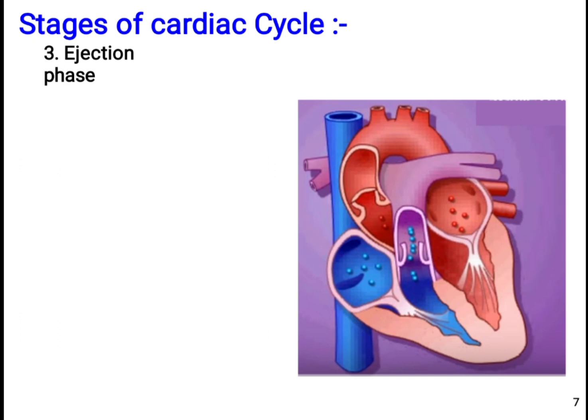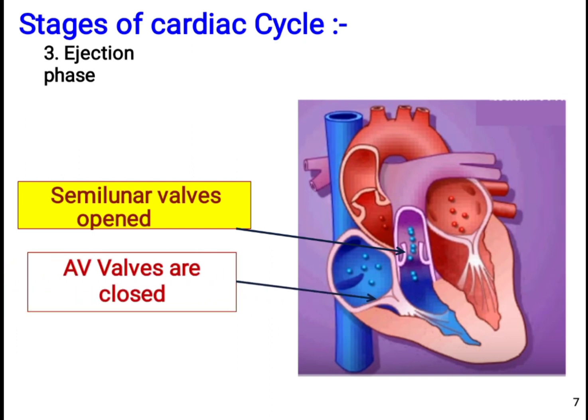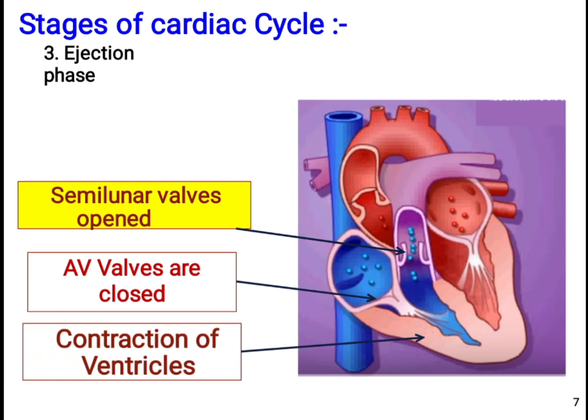What we can talk about here is that the semilunar valves open. Why do the semilunar valves open? Simply because the pressure within the ventricles has now exceeded the pressure within the arteries, that is to say the pulmonary artery and the aorta. Also, the AV valves are closed because the ventricular pressure is higher than that in the atria.